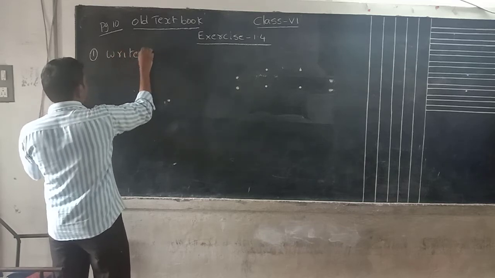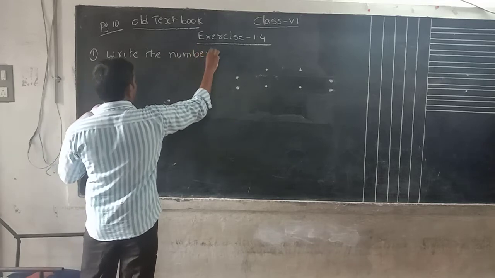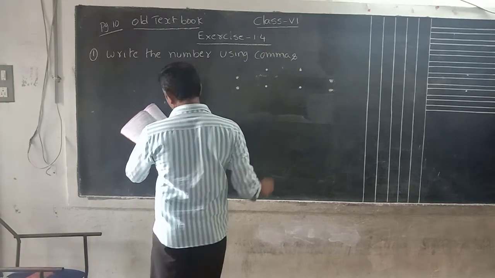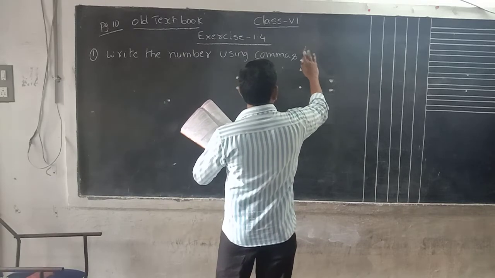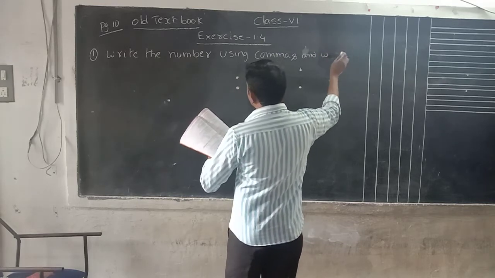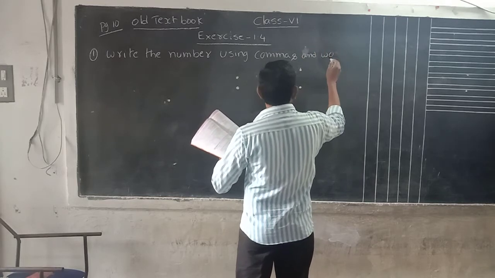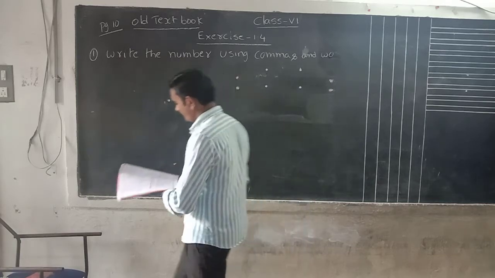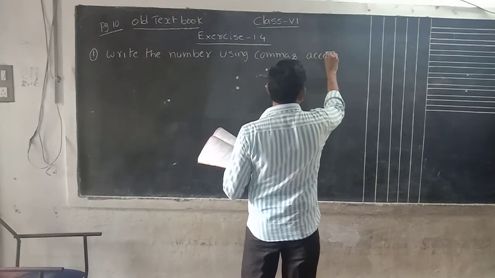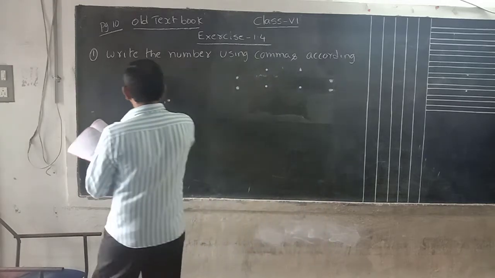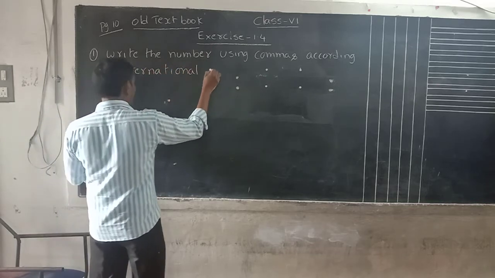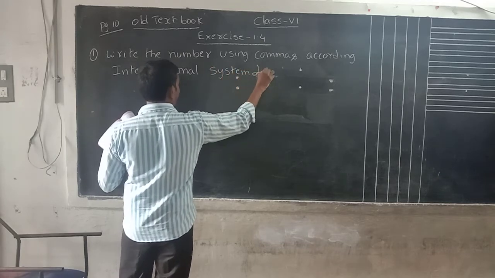Write the number using commas, according to the international system of numeration, and write it in words.